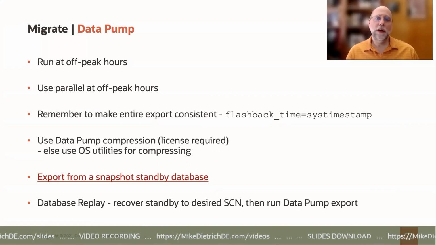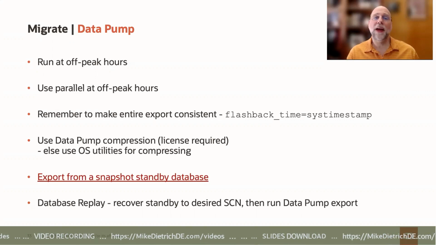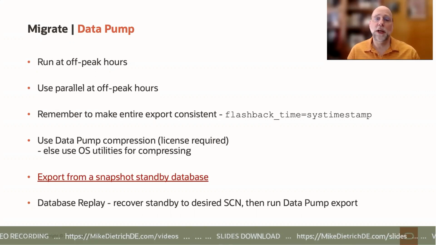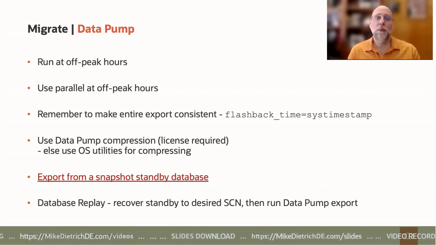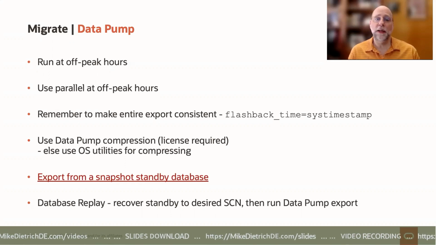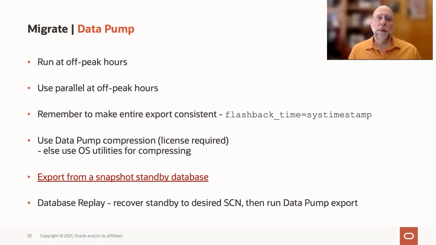If you're 24/7 and you really don't have that off-peak time available to perform the Data Pump export, another approach would be to use your standby database. If you have Data Guard configured, we can't actually export from a physical standby, which is a read-only database, because Data Pump has to create a table to keep track of all the items that it's going to export.